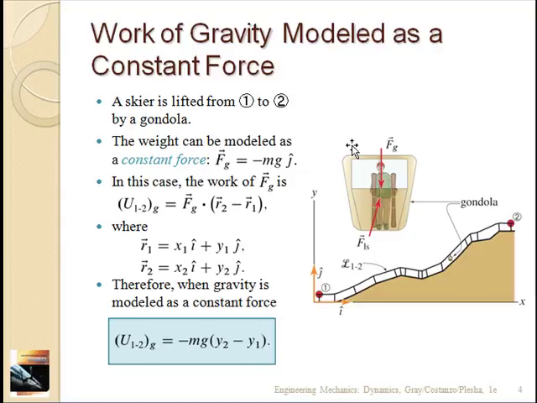So if we move this gondola, for example, from position 1 to position 2, the potential energy change only depends on the change in height. It doesn't matter how far you move horizontally, doesn't matter what happens as you go along the path. It's just the height change from position 1 to position 2. Okay, path independent.